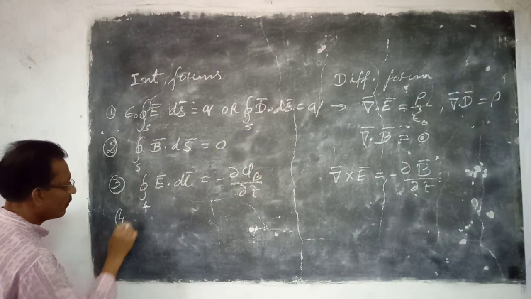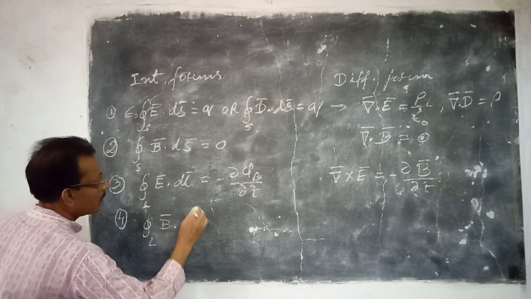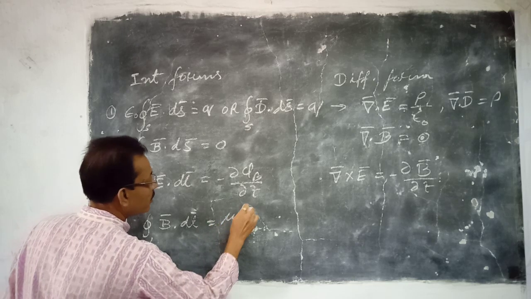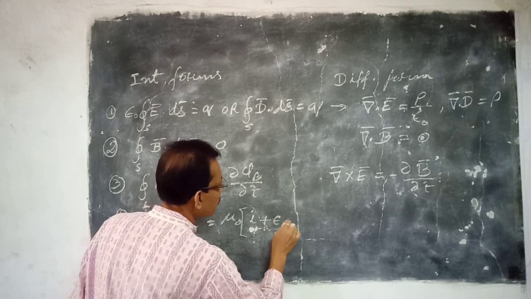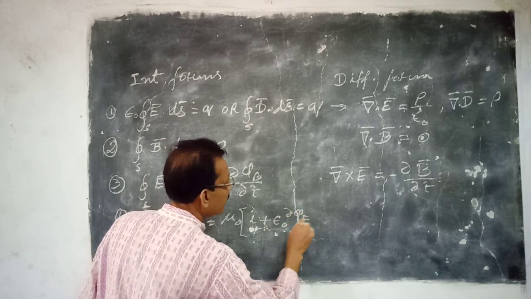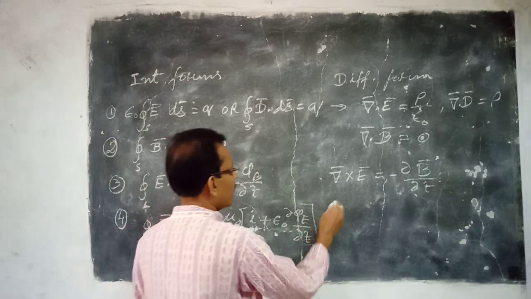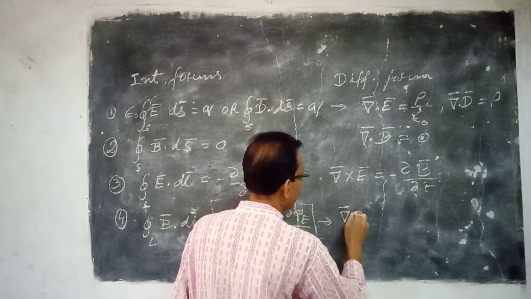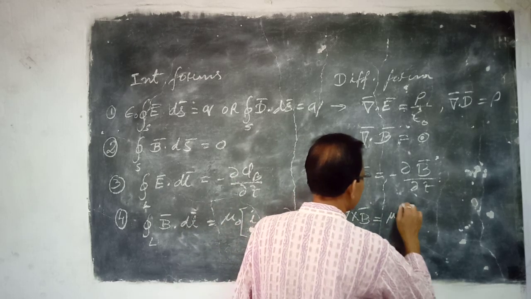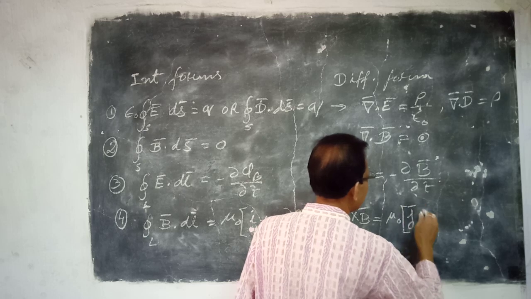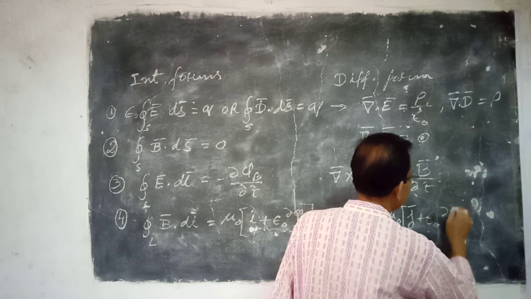And the fourth one: closed line integral of B dot dl is equal to mu 0 times I plus epsilon 0 del phi E del t, that is I d, the displacement current. Its corresponding form is curl of B is equal to mu 0 J, the conduction current, plus epsilon 0 del E del t.